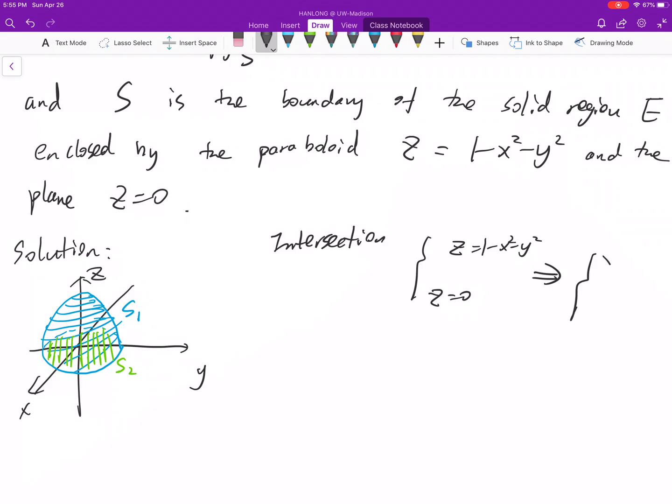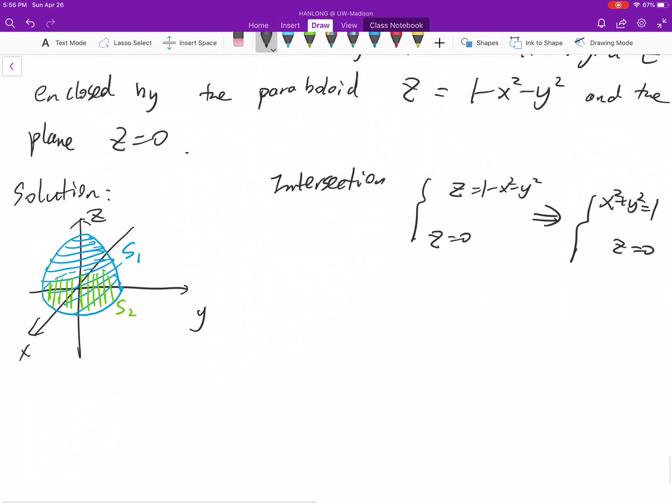So you have the following formula. Okay, so S2 is given by the unit disk in the xy plane.